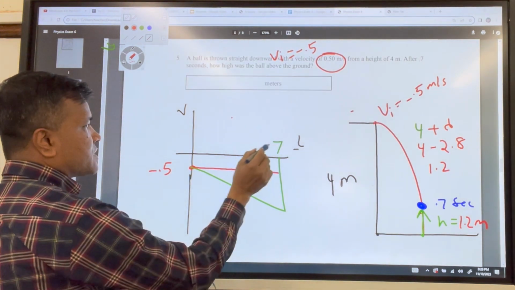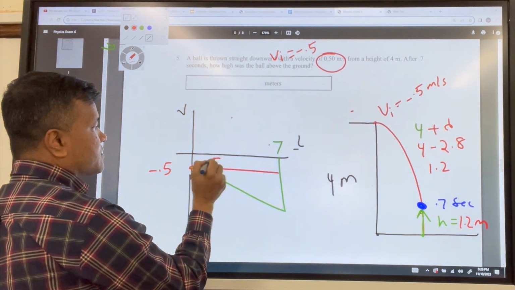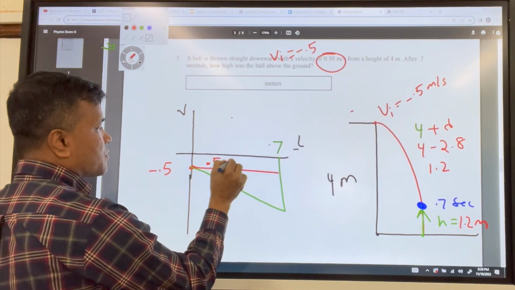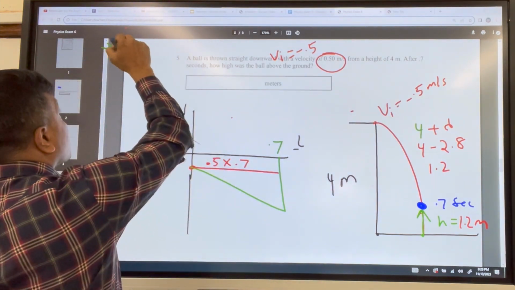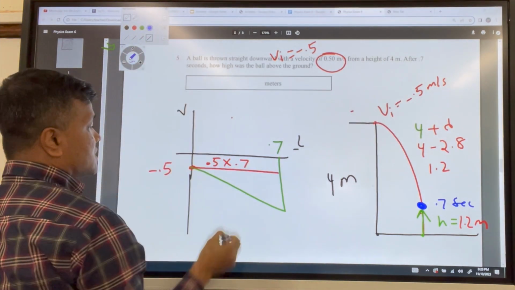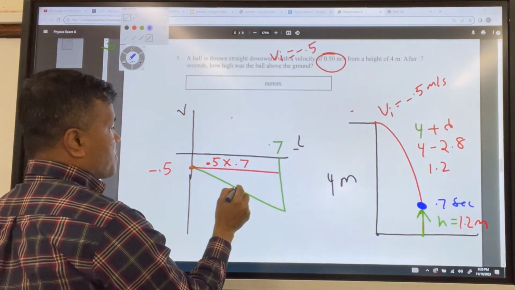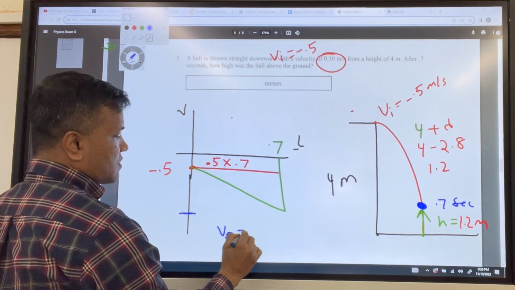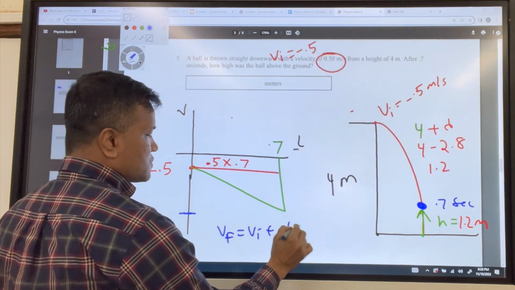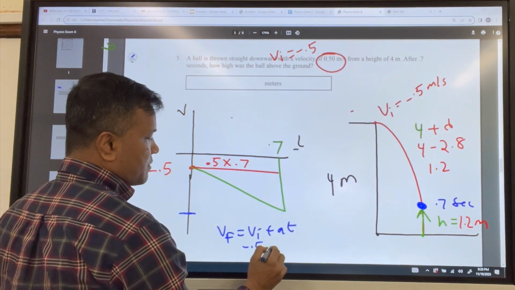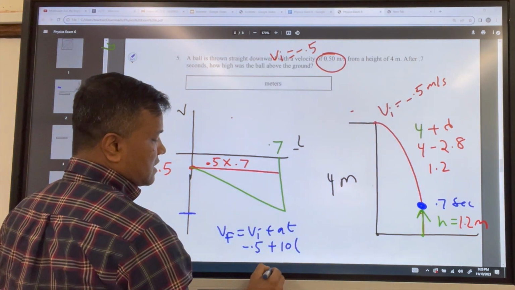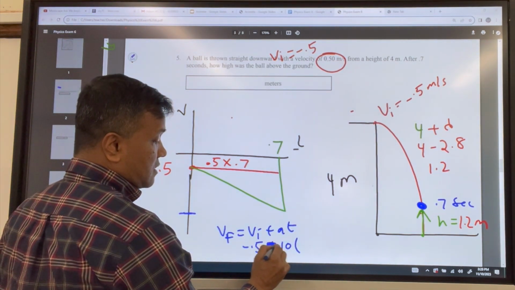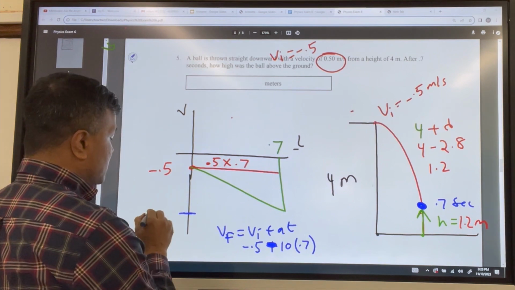The rectangle is 0.5 times 0.7, and for the triangle you need the final velocity. Vf is equal to Vi plus at, so negative 0.5 plus negative 10 times 0.7, so you have negative 7.5.